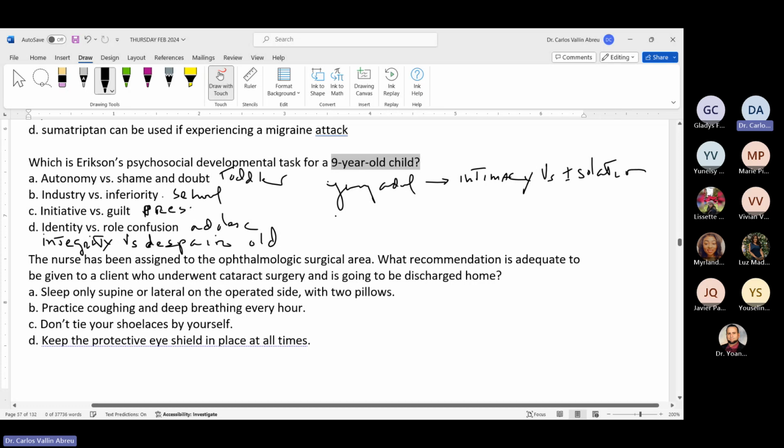And the middle age adult is generativity versus stagnation.